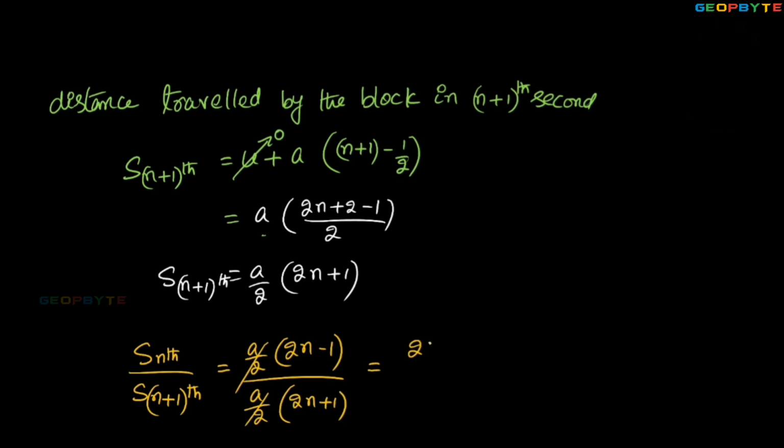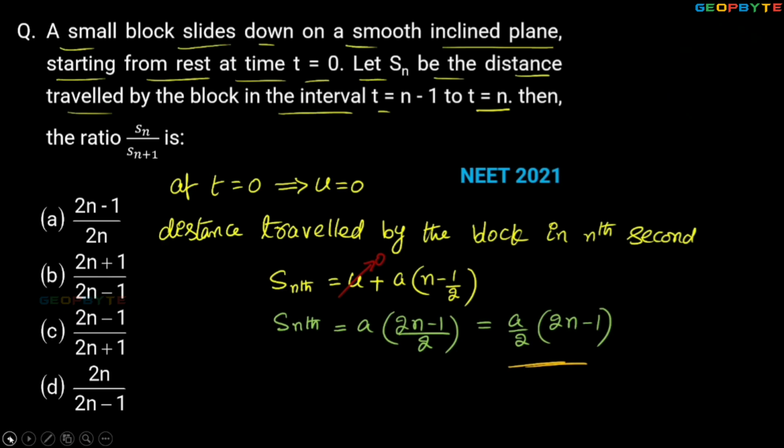It is equal to 2n minus 1 by 2n plus 1. That is the ratio between Sn and Sn plus 1: 2n minus 1 by 2n plus 1.